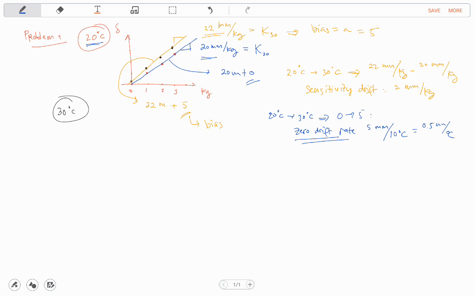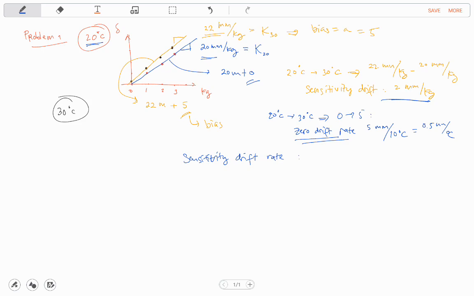Okay, and then the next one, there is also a sensitivity drift, right? We know that there is a sensitivity drift of 2 millimeter per kilogram, but of course we can also calculate the sensitivity drift rate in terms of centigrade.